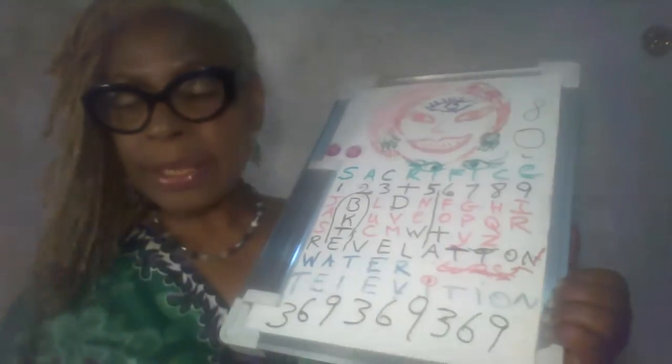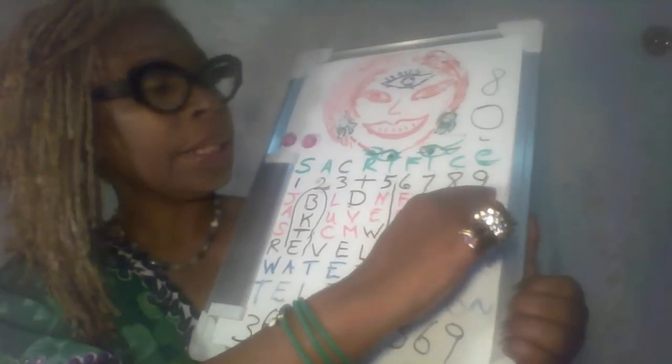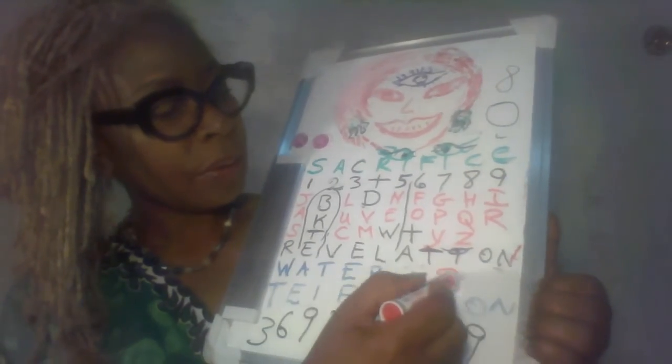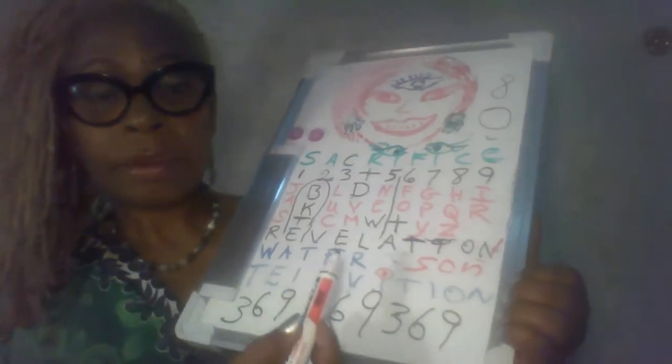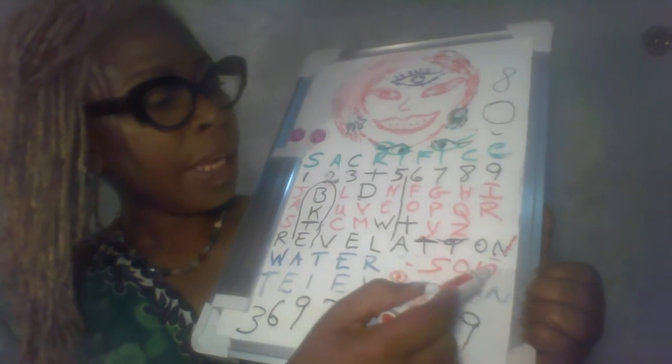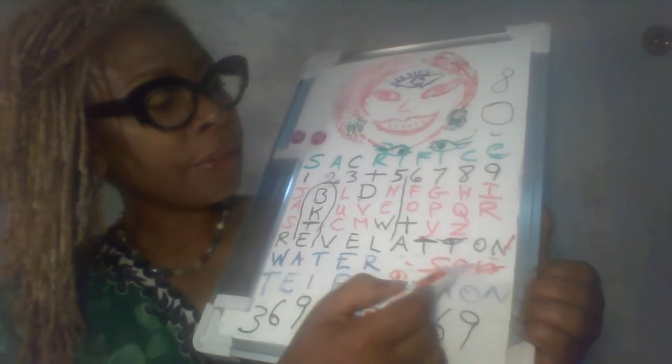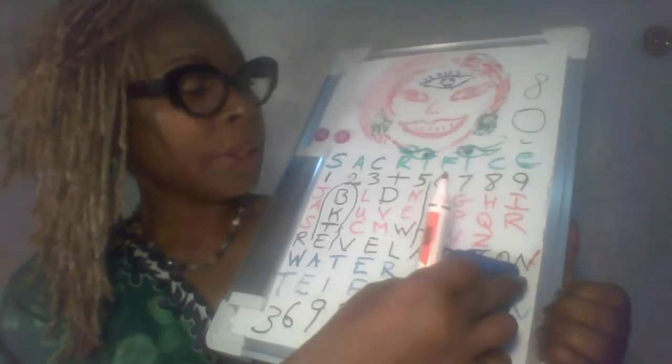Okay, so 1 and 3 is 4, and so we see that the West is 4, and the East is 9. This is where the sun, S-O-N, so this is 5 and 6, 11 and 1, 11 and 1 is 12.